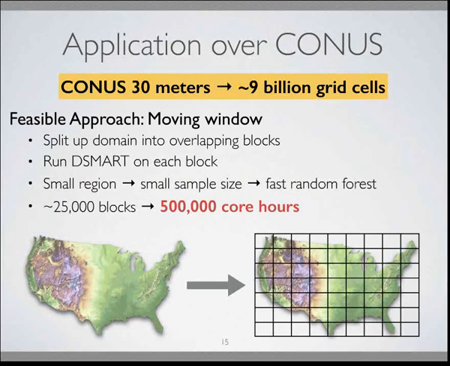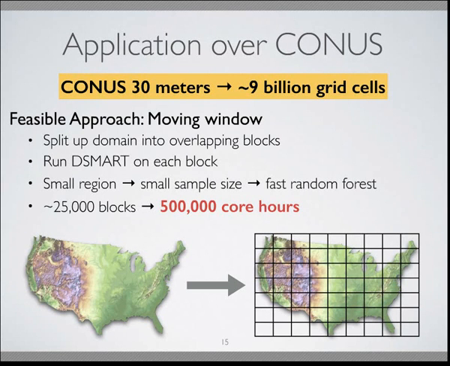So what you do is you split up the entire domain into overlapping blocks. And I say overlapping because if I'm going to do moving window and I'm going to run DSMART on each of those blocks, I need to make sure that it's sharing information with the adjacent blocks so that I'm not introducing additional discontinuities. And we do it so it covers a substantial part of all the overlapping blocks. And then I run DSMART on each of the blocks.